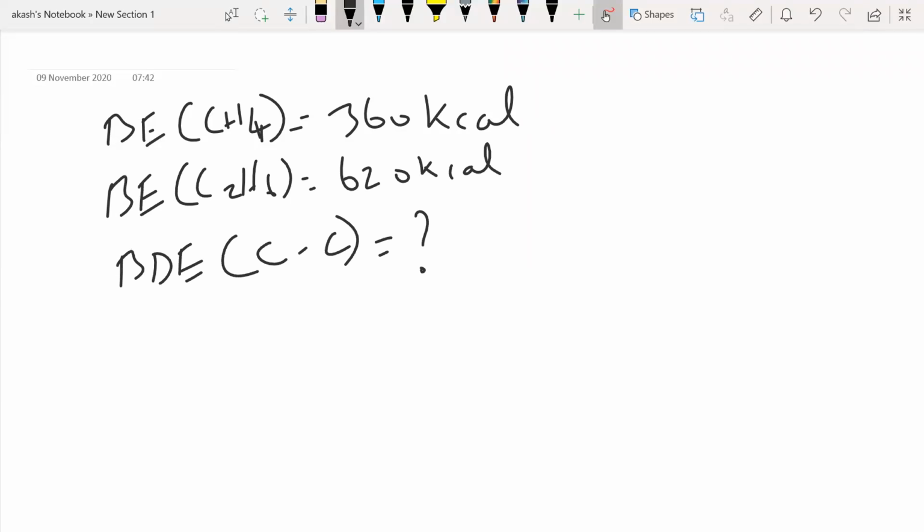Hope you remember what is the difference between bond energy, bond enthalpy, and bond dissociation enthalpy, right? Can someone point out the difference between bond enthalpy and bond dissociation enthalpy?